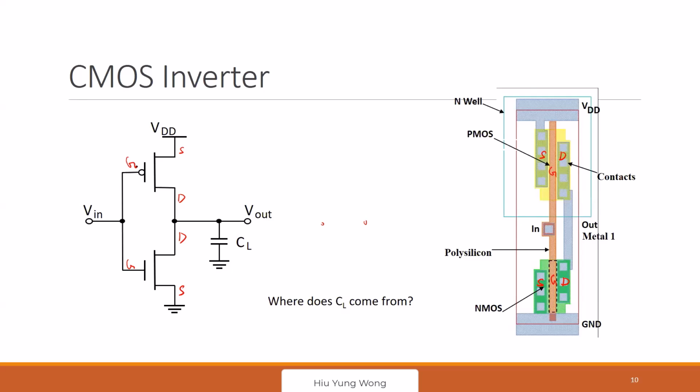And based on this layout, if I try to do a cut horizontally, like here, I call this AA dash. How would it look like? This is PMOS, you will have something like this. I say this is N well, and we have the gate, and then we have the N plus, which is the source, not N plus, right?